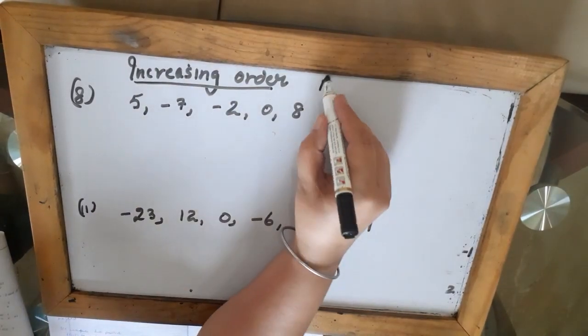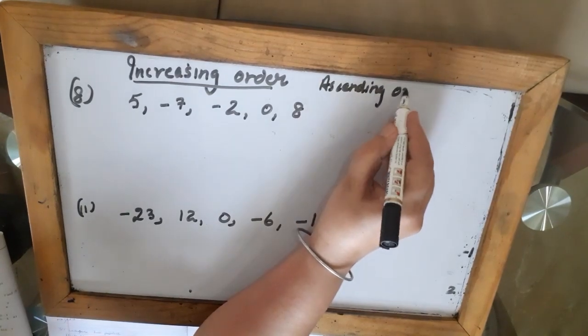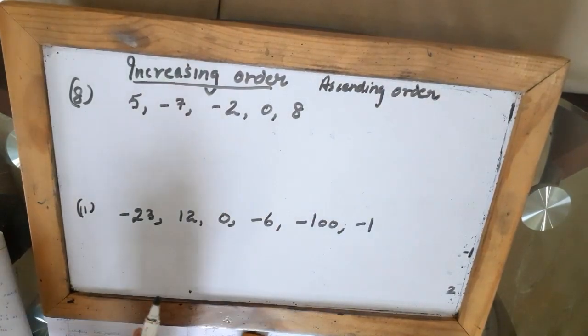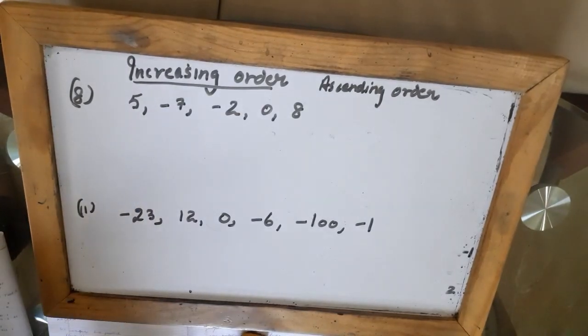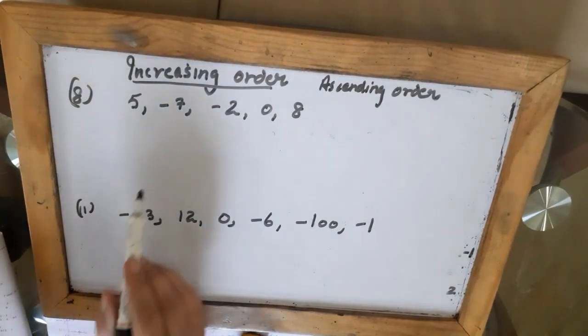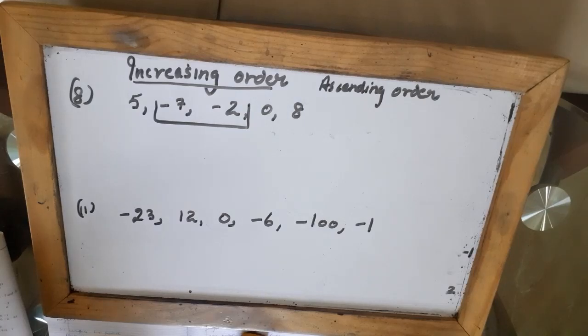Now increasing order means ascending order, means I have to start from the smallest one. Now out of these I can say the negative integers are smaller, that I know. So the negative integers are smaller than even 0 also. It means out of negative integers, first I will find out which is smaller.